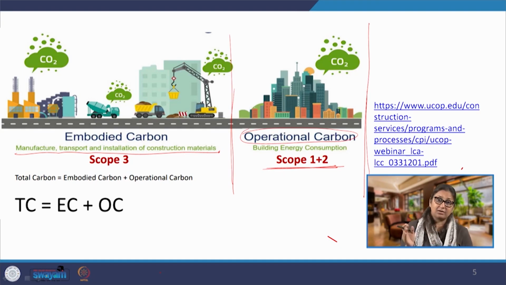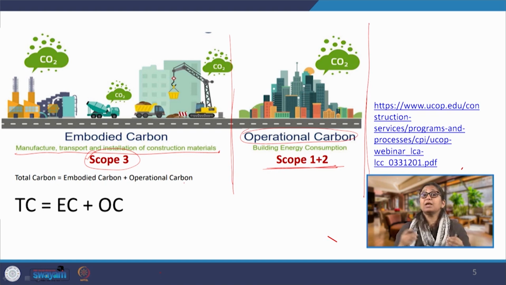All these are sometimes upstream, sometimes when the demolition phase, the end of life phase of the building is there and we are demolishing it, there would also be some emissions that will be attached. All this is going to be scope 3, largely upstream and some of it going to be in the downstream, but overall these emissions are going to be known as embodied carbon, and they are going to be part of scope 3.